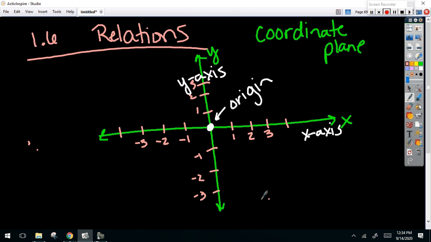When we have a point in here, let's say this point, that purple point right there has an ordered pair that corresponds to it.